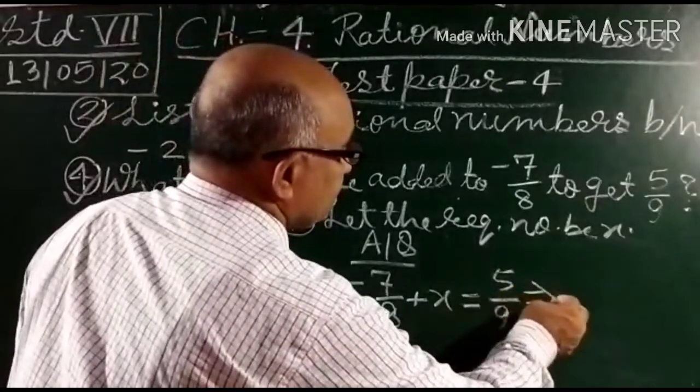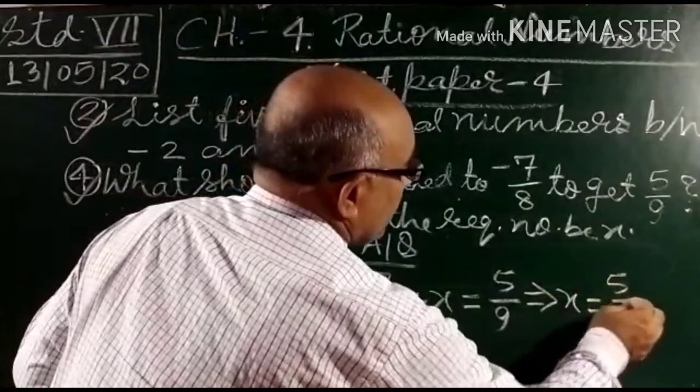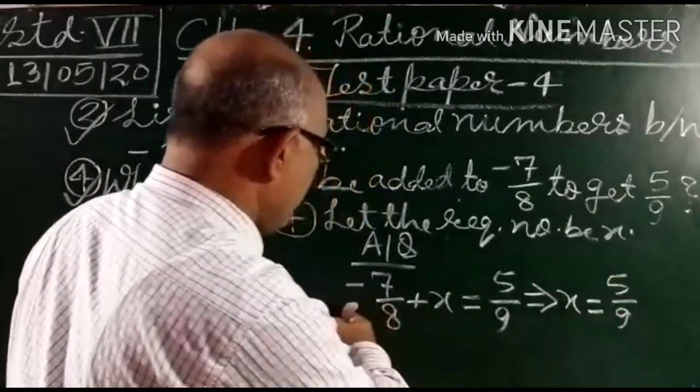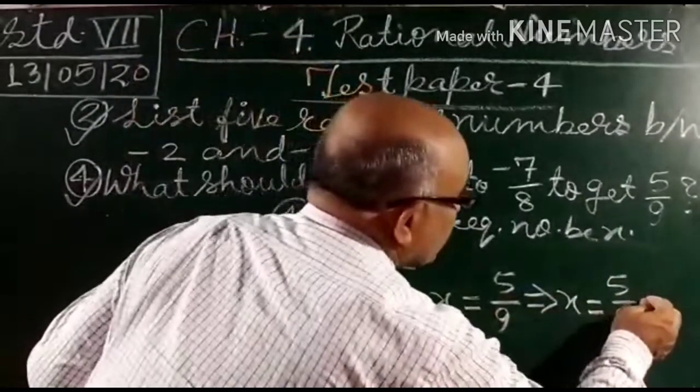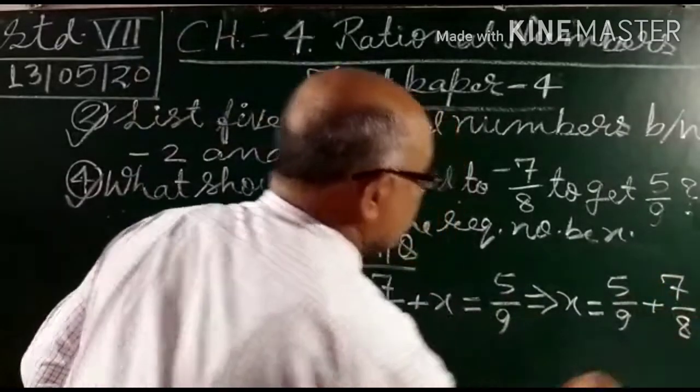That implies x equals 5 by 9 minus 7 by 8, by transposition change into plus 7 by 8.